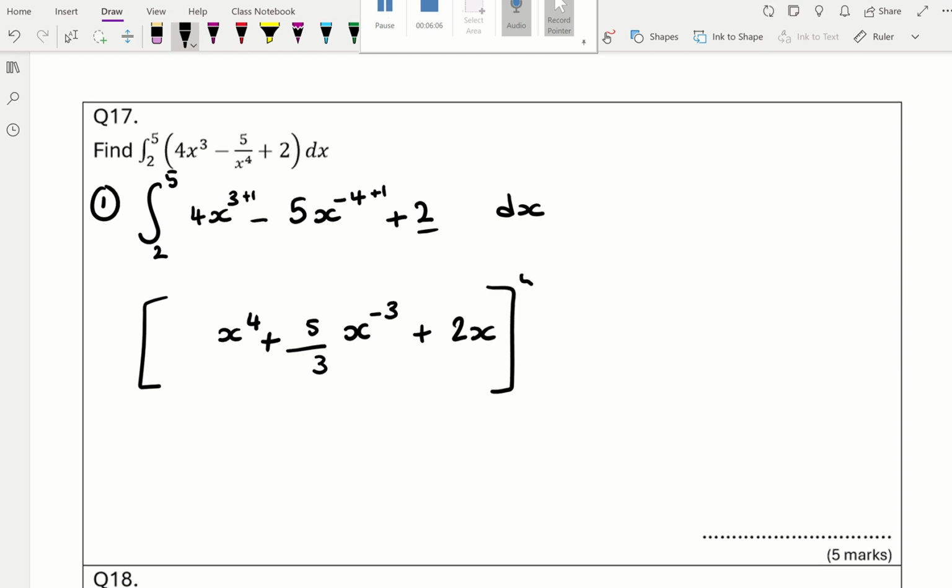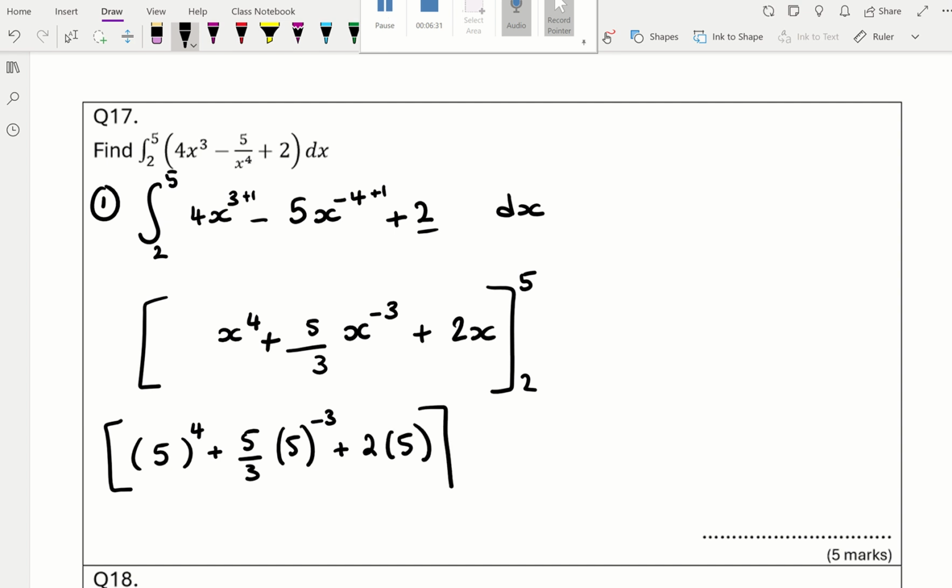I close my brackets, and I'm going to substitute the 5 and the 2 into each section. You probably should do that on your calculator one step at a time, and I'll show you. Each x becomes a bracket. You put the power outside the bracket. Plus 5 over 3 brackets, 5 inside, negative 3 outside, plus 2 to the power of 5.